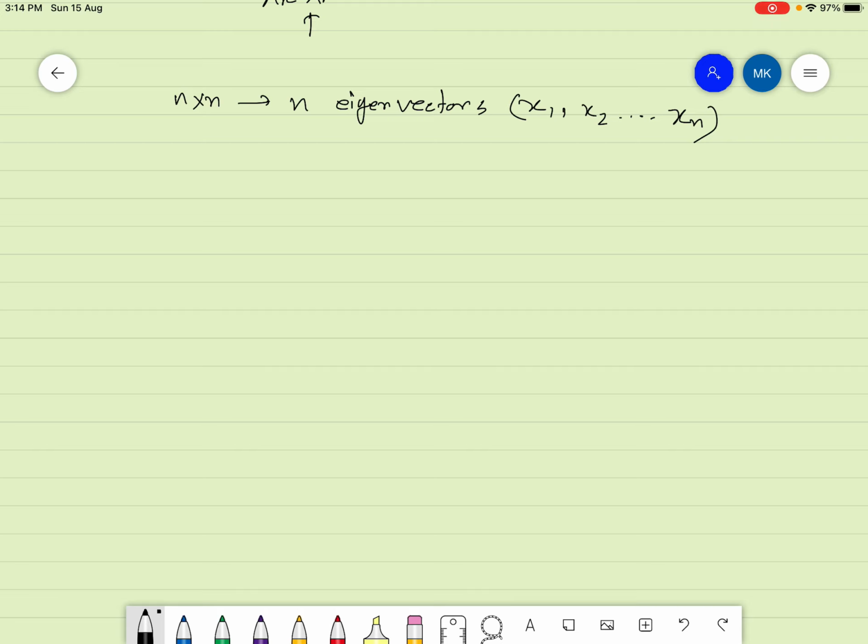So if you stack these eigenvectors into one single matrix, then you have a matrix like this, with x1 to xn, so all the eigenvectors are the columns of this matrix, and these n eigenvectors form a basis for n-dimensional space, right?